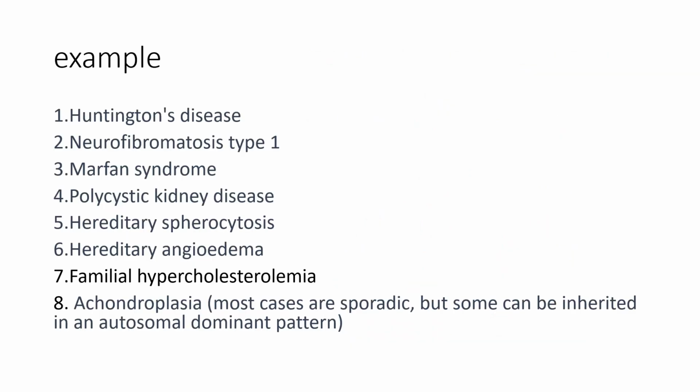Now, examples of this disease are Huntington's disease, neurofibromatosis type 1, Marfan syndrome, polycystic kidney disease, hereditary spherocytosis, hereditary angioedema, familial hypercholesterolemia, and achondroplasia.